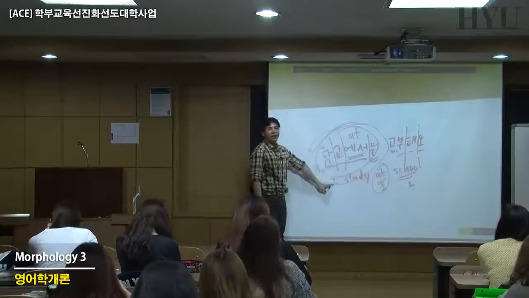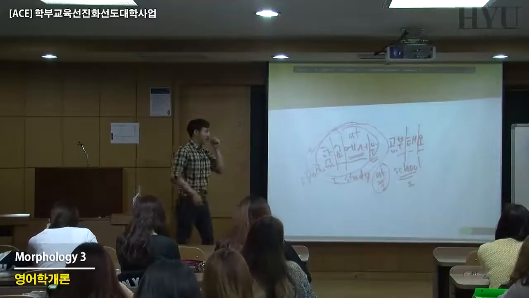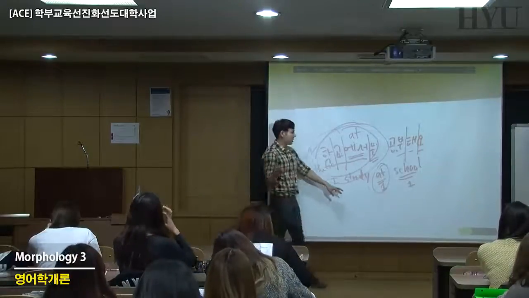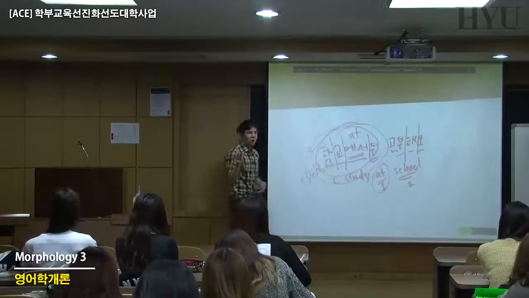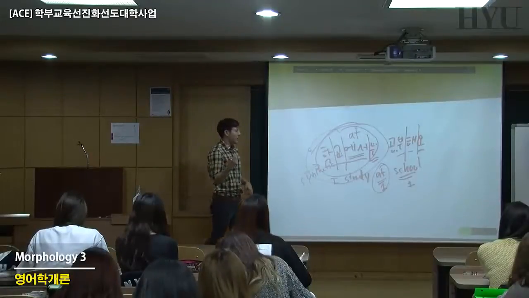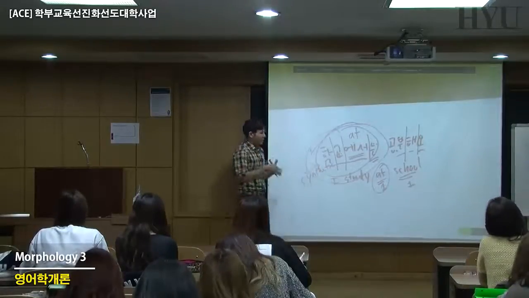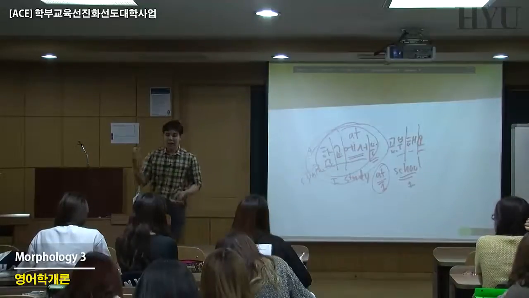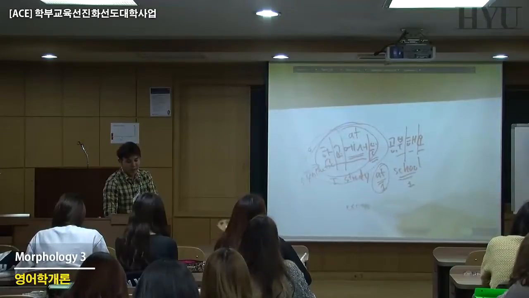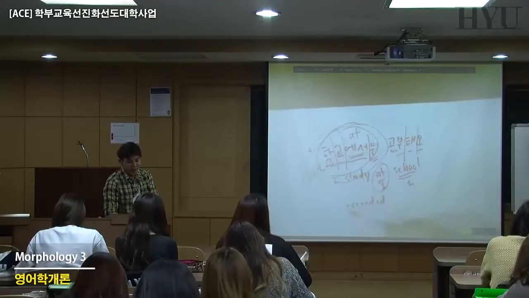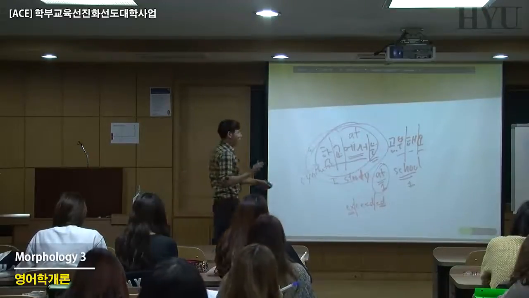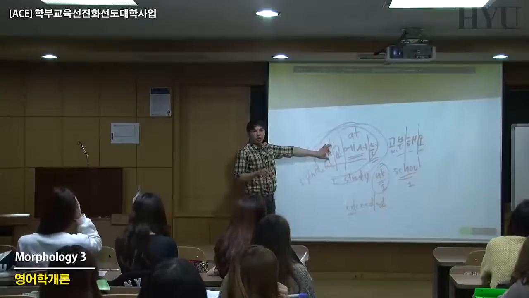But English is a different type. We call that analytic, right? Analytic is you don't have so many morphemes per word. One word is roughly one morpheme. Generally speaking, in English we have things like, let's say, exceeded, with 1, 2, and 3 morphemes, but not as much as you do in Korean.